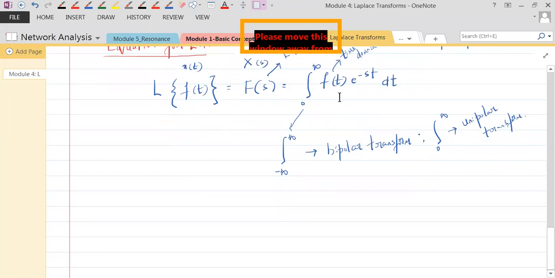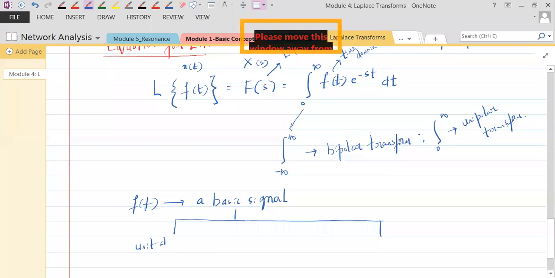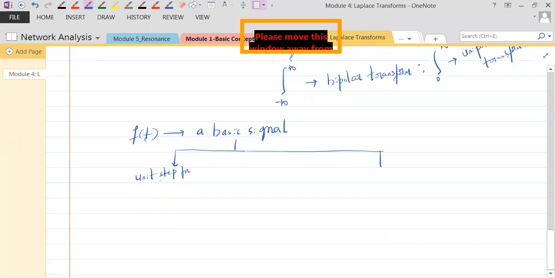See here, when you take f of t, we can first see f of t as a basic signal. What all types of basic signals do you know? For example, we know the unit step function. Signals in time domain are functions, so we can call them functions.